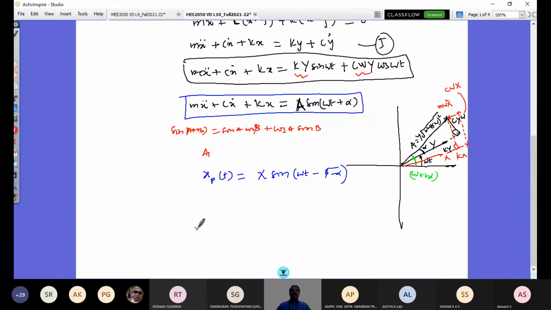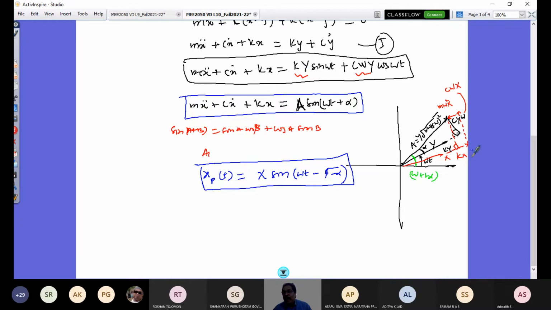So if I solve this governing equation, substituting a trial function, a harmonic function, xp of t is this, and this would satisfy my governing equation of damped vibration due to base excitation.